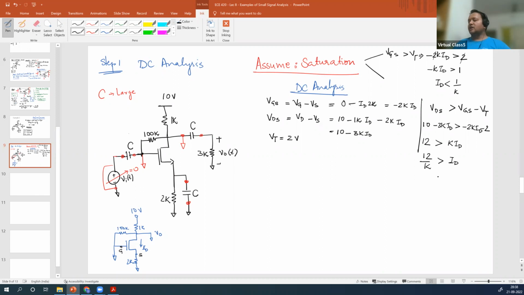So now we have an inequality. What is that? To be in saturation, ID has to be less than 12 by K, or less than 1 by K. It should satisfy both conditions to be in saturation.